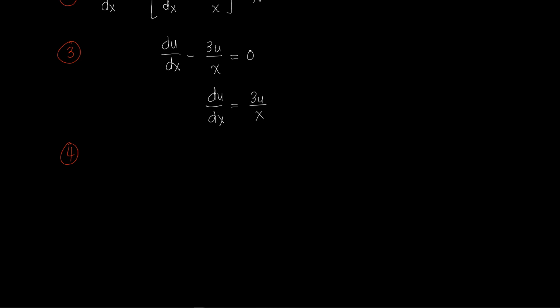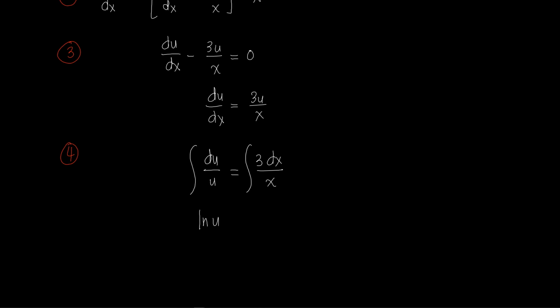So, ito, lipat sa kabila, yung dx, tapos yung u, lipat natin. So, magiging du over u is equal to 3dx over x. Lipat ko lang ito doon, and then yung u, nilipat ko din dito para separate natin yung mga variables. Then, apply integration both sides.